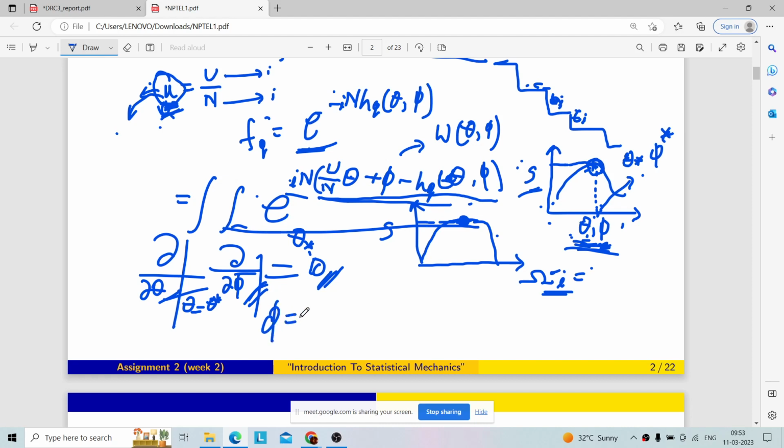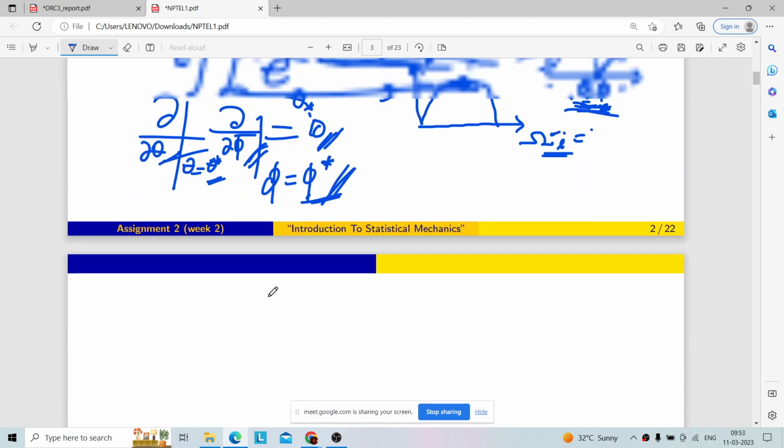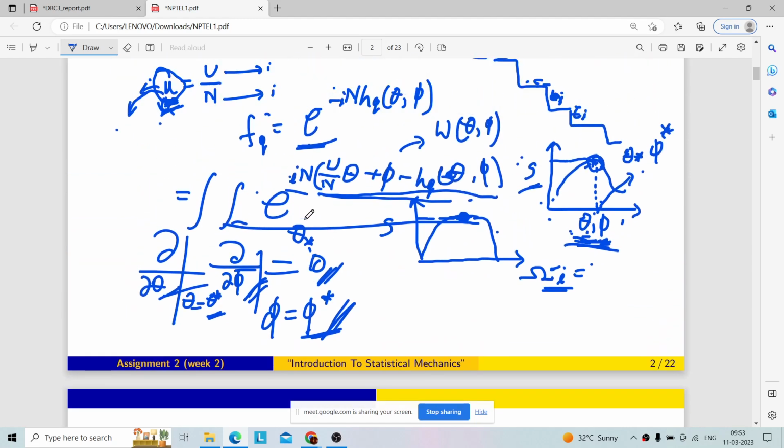Then we can get these points and we will see what they are telling about our system. So we have defined this parameter as w.